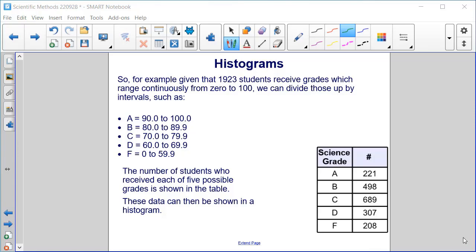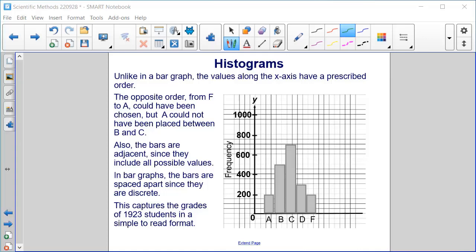These data can then be shown in a histogram. Unlike in a bar graph, the values along the x-axis have a prescribed order, A, B, C, D, F in this case. The opposite order from F to A could have been chosen, but A could not have been placed between B and C because we're talking about a continuous increase from 0 to 100.